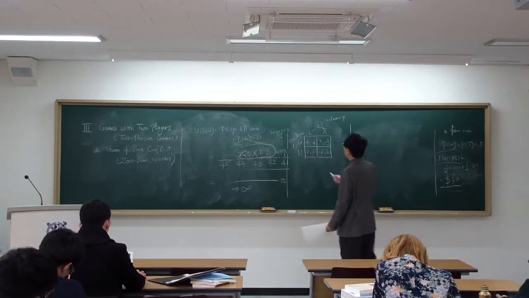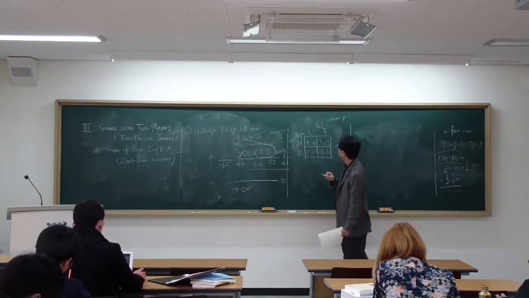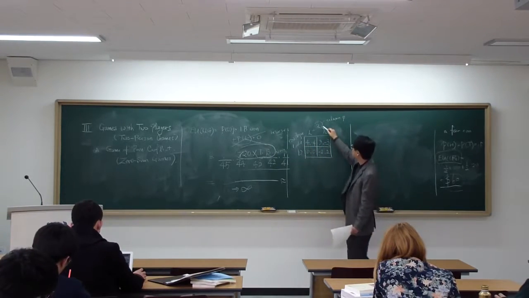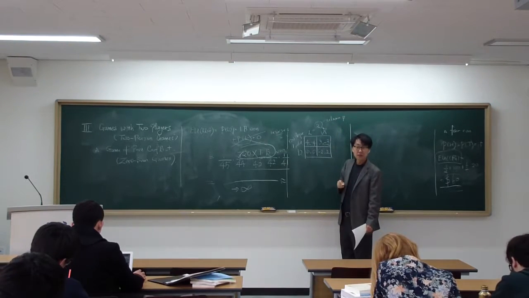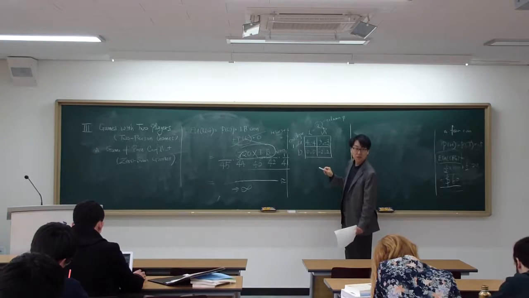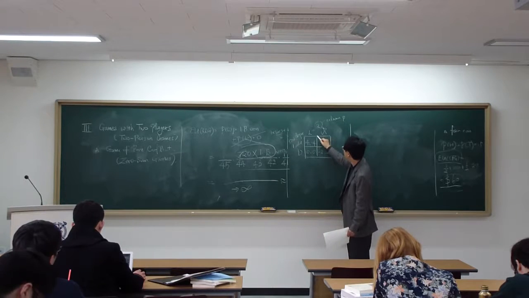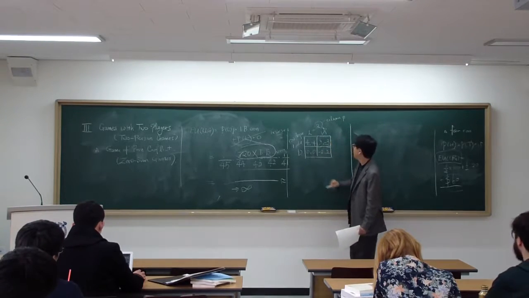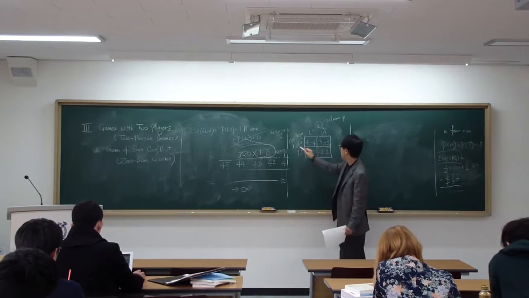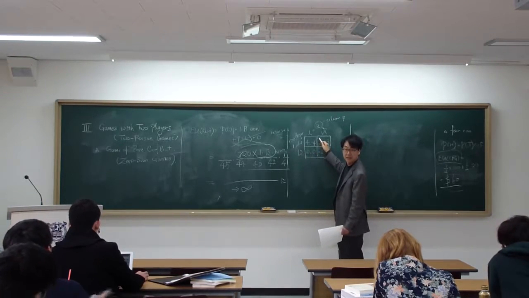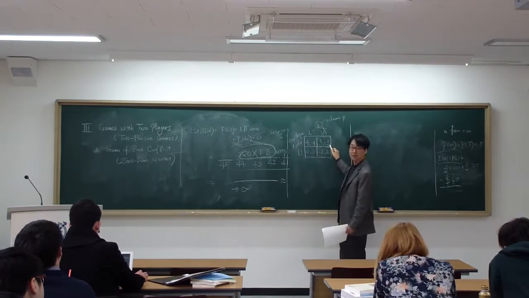So if player 1 chooses the up strategy and player 2 chooses the right strategy, then as a result, the outcome of the game becomes this cell. And also as a result, player 1's payoff becomes 3, and player 2's payoff becomes negative.